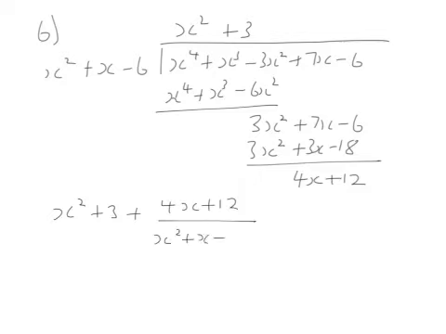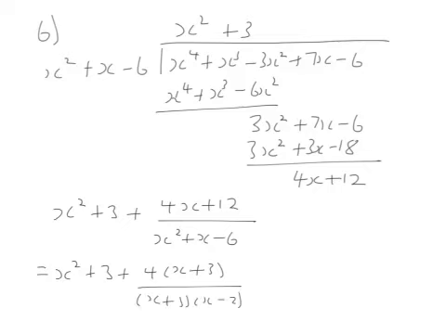Now if you look at the answer that they want it in, they want something over x minus 2, and that's over x squared plus x minus 6. But maybe this factorises, so it's x squared plus 3 plus 4 lots of x plus 3, and then let's factorise the bottom. That's x plus 3, x minus 2.